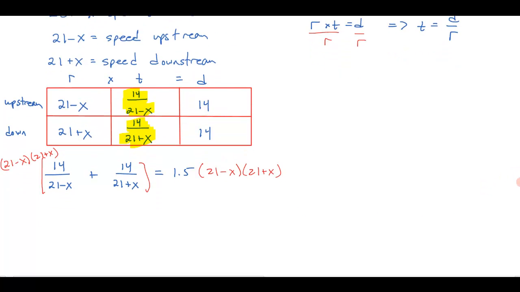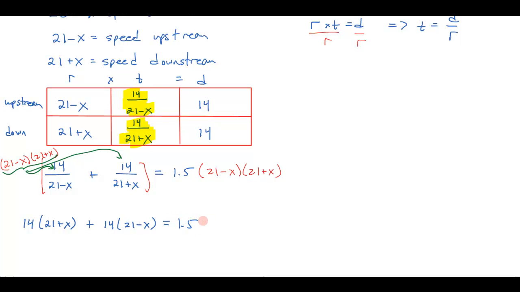Alright, so over here on the left hand side, when I distribute this to the first term and then to the second term, you can see that when I distribute to the first term, the 21 minus x's will cancel and I'll just get 14 times 21 plus x. Okay? And then I'll go over the plus sign, and then the 21 plus x's will cancel, and I'll get 14 times 21 minus x.